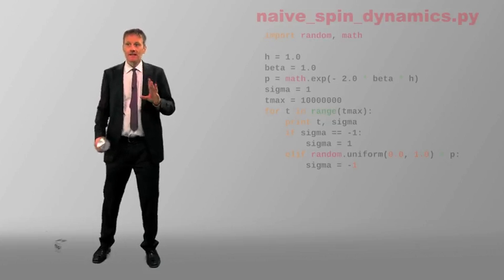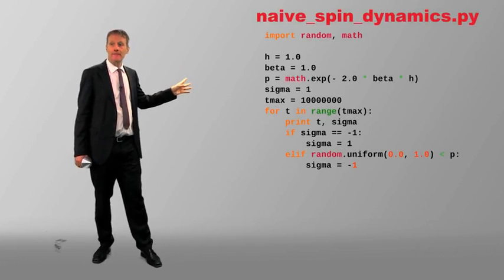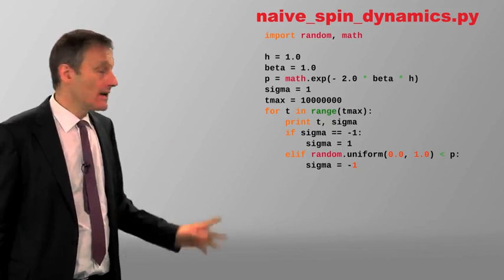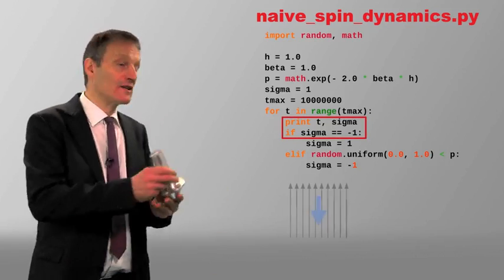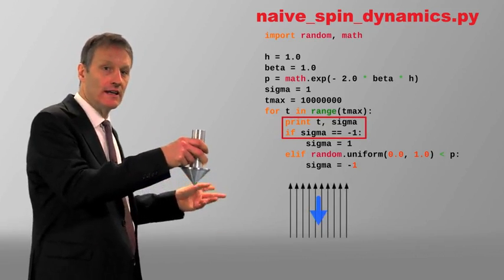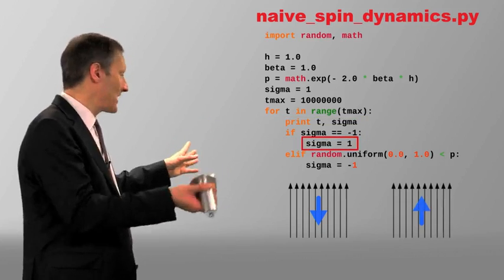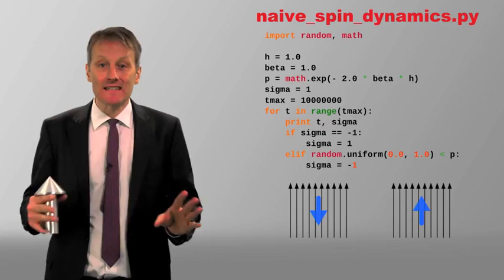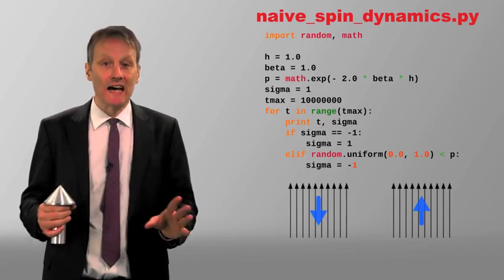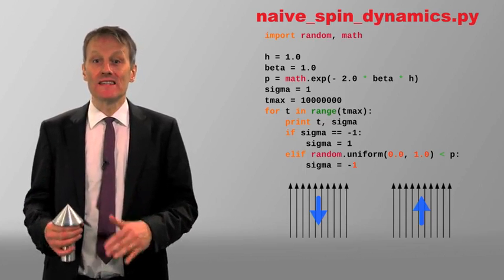In Python, this gives the following program, naive_spin_dynamics.py, where we have set beta equal to 1. Now notice that if at time t the spin is down, it will certainly be up at time t plus 1. This is the essence of Metropolis dynamics, and we don't discuss here whether this is realistic.